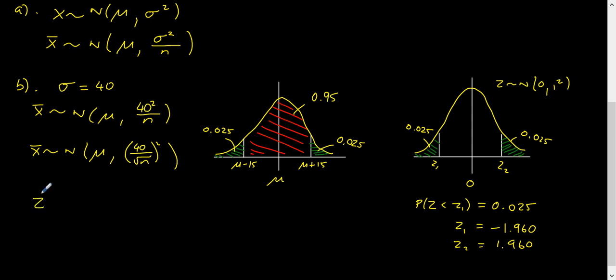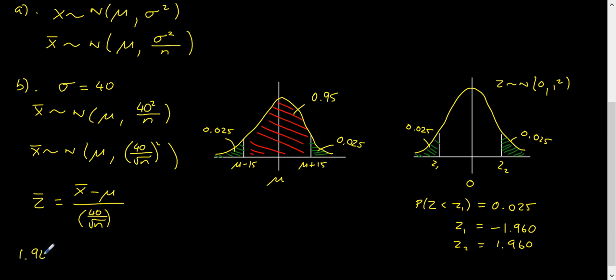Now, when we have Z and X bar, we're changing it ever so slightly. Instead of dividing by sigma, you're dividing by this, which is our sigma, 40 over root n. Now, I'm just going to use one of my Z values because that's all that's required to find this value of n. You'll see why in a second.